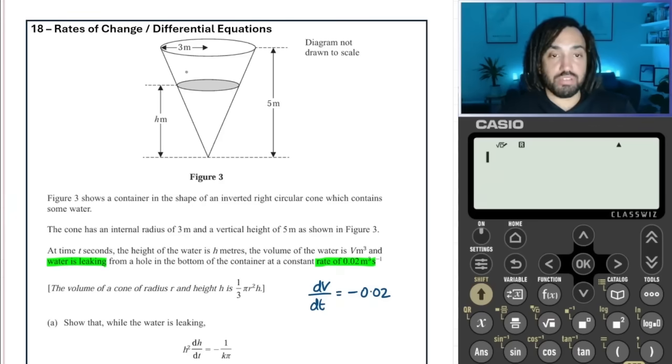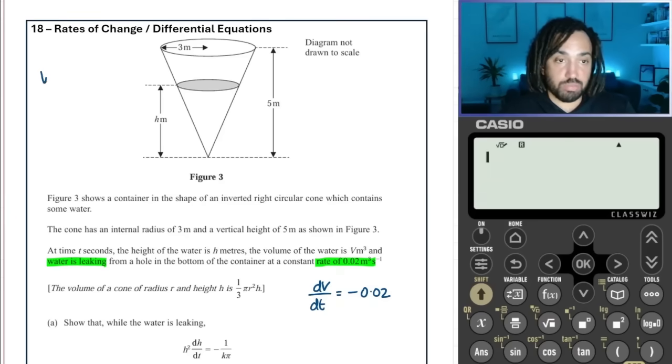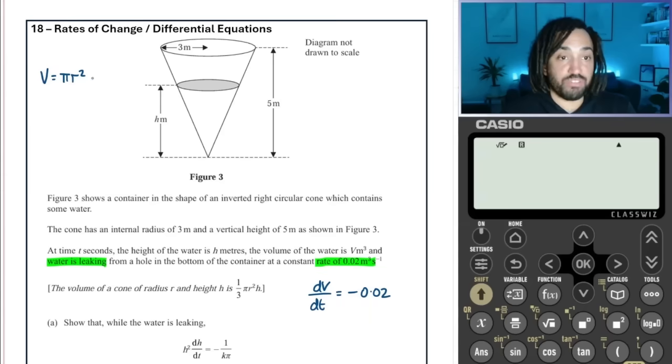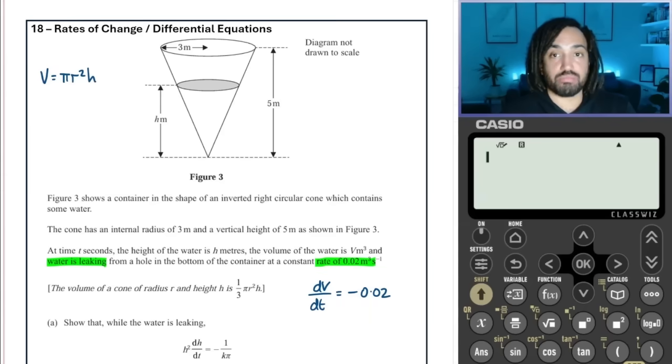The volume of the water inside the object will be the volume of a cone, which is a third pi r squared h. Okay, so that's great. Volume is equal to a third pi r squared h.